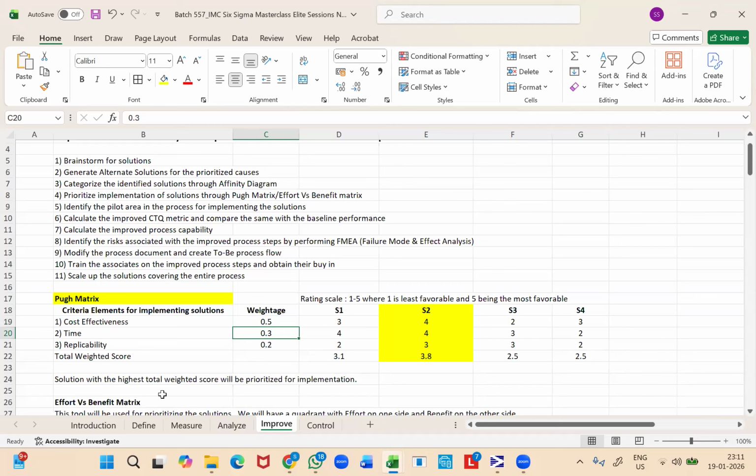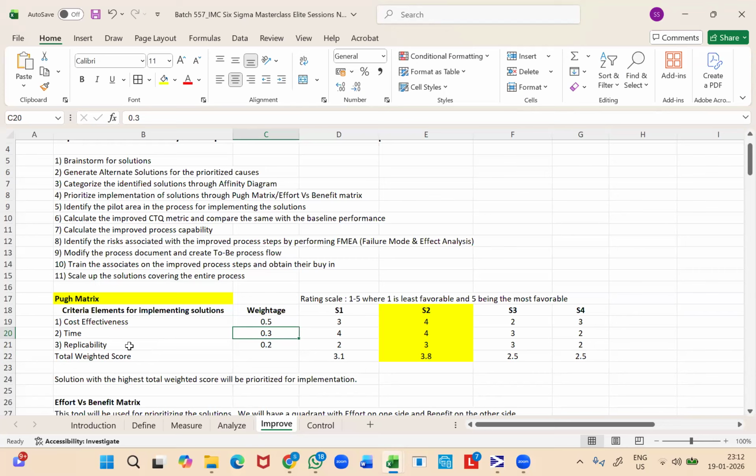So once I have assigned the weightage for each and every criteria element, I will then rate all the identified solutions against each of these criteria elements on the scale of 1 to 5. 1 being the criteria element is least favorable to that particular solution, and 5 being the criteria element is most favorable for that particular solution, right?